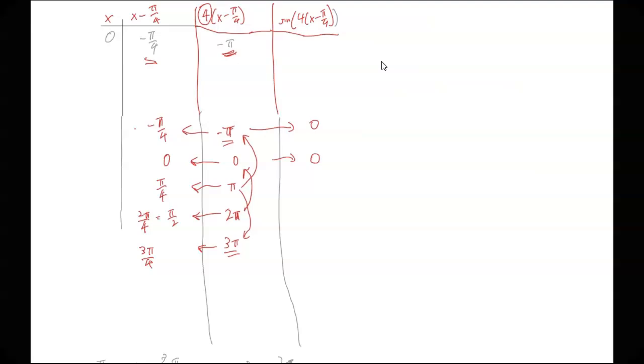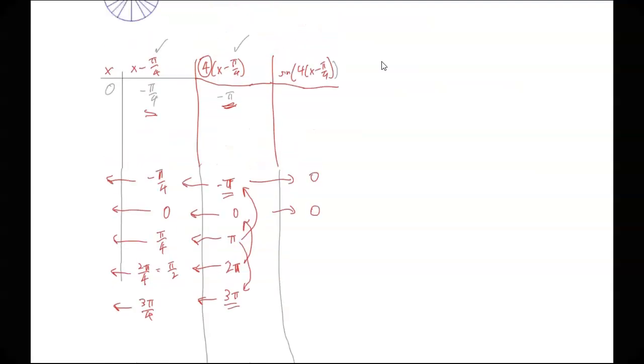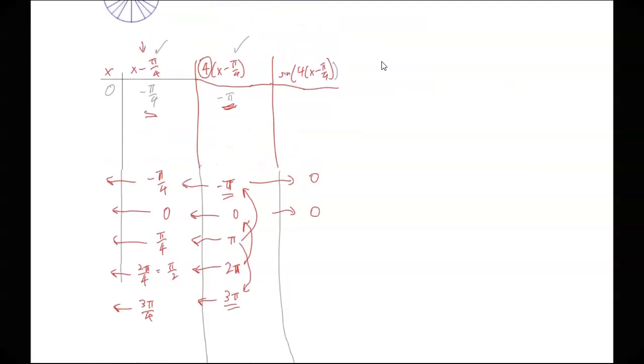Last of all, we're going to go back to the x domain. When we go back to the x domain, we need to do the reverse of this, which is subtracting pi over 4. So we're going to add pi over 4 each time. If we add pi over 4 to negative pi over 4, we get 0. Of course, it matches this because it's at the boundary. If we add pi over 4 to 0, we get pi over 4.